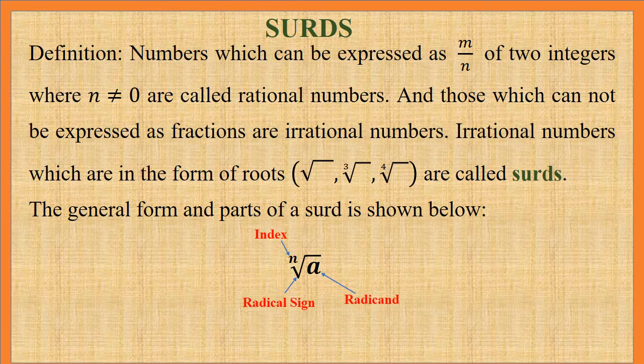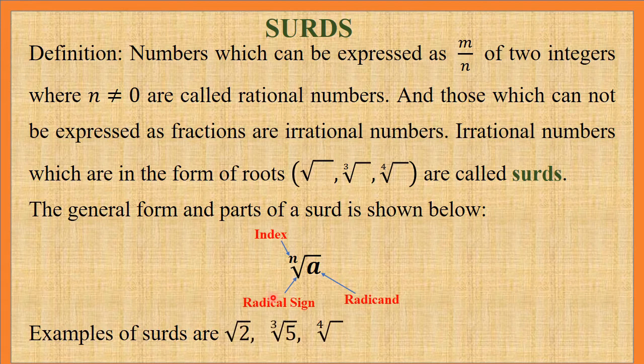So, for example, we can have square root of 2, cube root of 5, fourth root of 8, fifth root of 18, to mention but a few, some examples of surds.